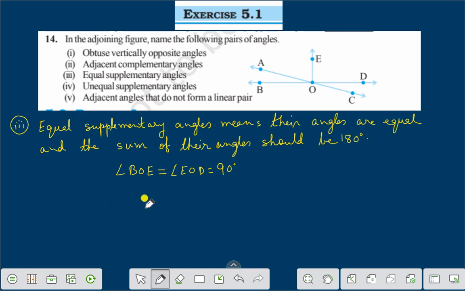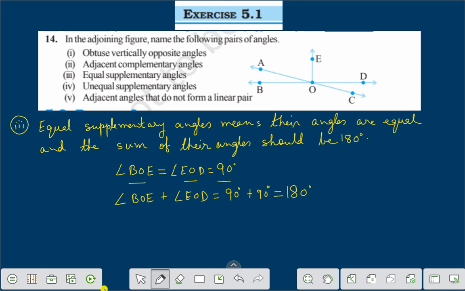Then the angles are equal, that is 90 degree, and the sum, angle BOE plus angle EOD, is equal to 90 degree plus 90 degree, that comes to 180 degree. That is equal supplementary angles: both the angles are 90 degree and the sum should be 180 degree, therefore 90 plus 90 is 180 degree. Both the conditions are satisfied here.